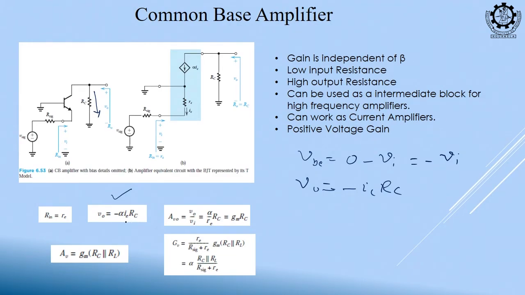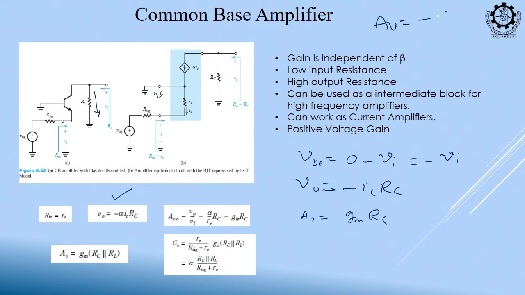IC you replace with alpha IE, and your IE you can calculate like this. I is equal to VB by RE plus RC, and this minus sign will cancel out, and you will see that this A0 is also GM RC. In common collector, what we found?